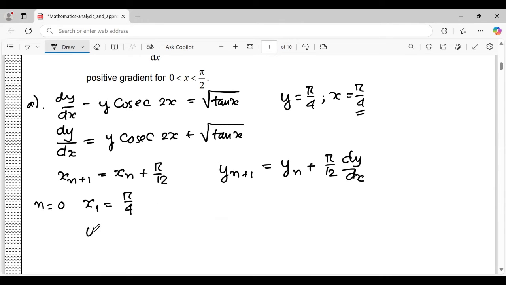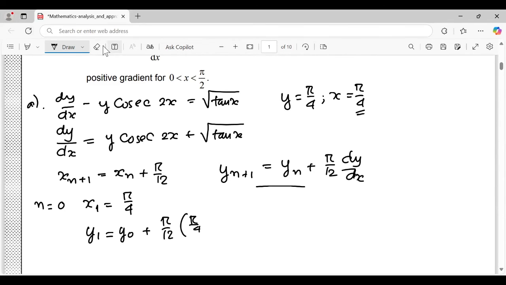And it means y1, according to this rule, equals y0, because n equals 0, plus pi over 12 times dy/dx, where x is pi over 4.